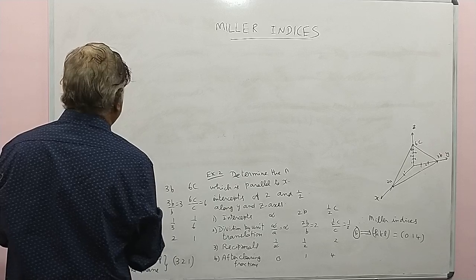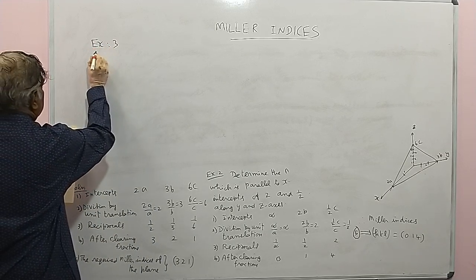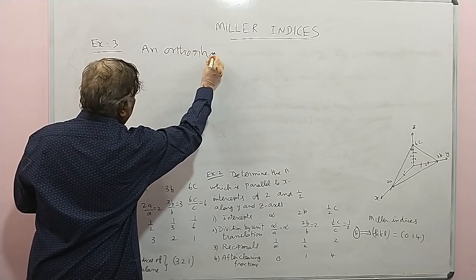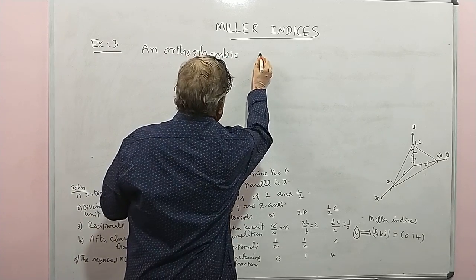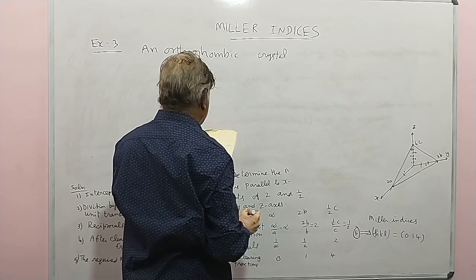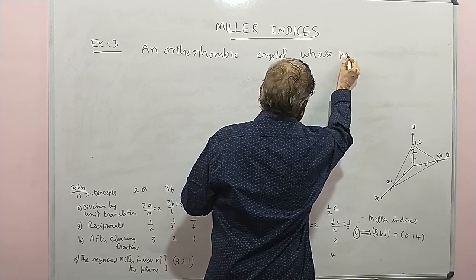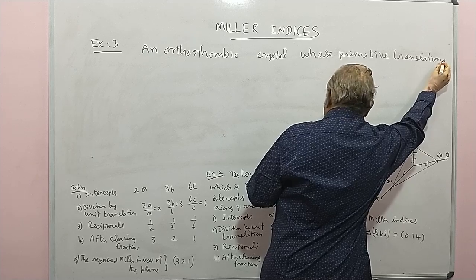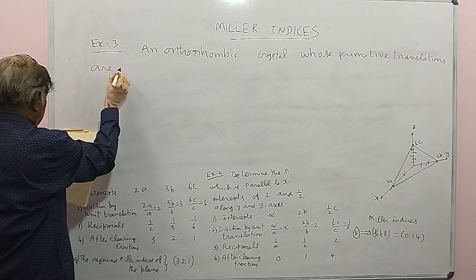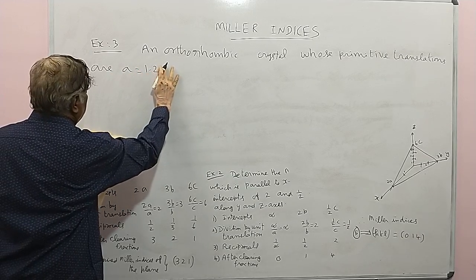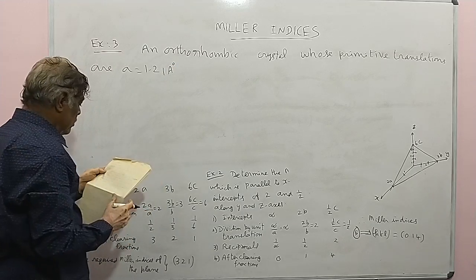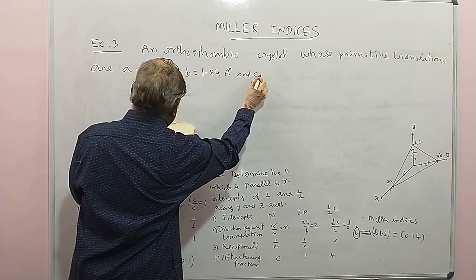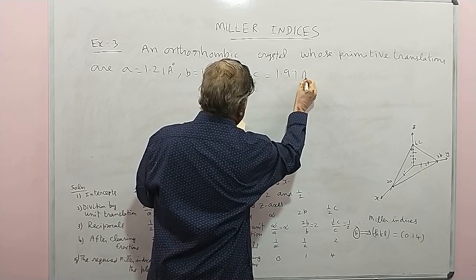Now let us take another example, example 3. An orthorhombic crystal whose primitive translations are A is equal to 1.21 angstrom unit, B is equal to 1.84 angstrom unit, and C is equal to 1.97 angstrom unit respectively.